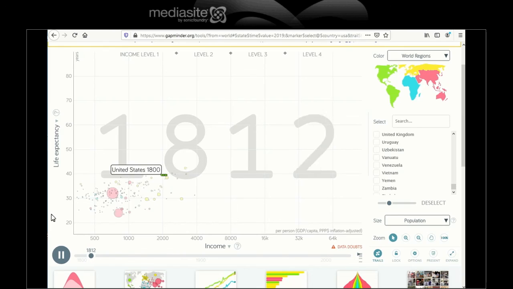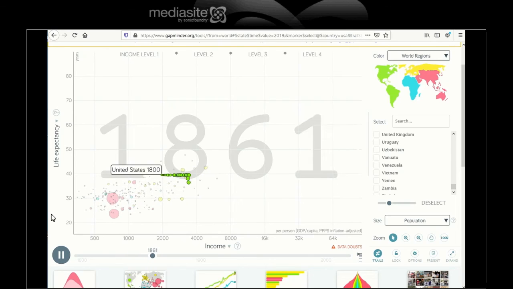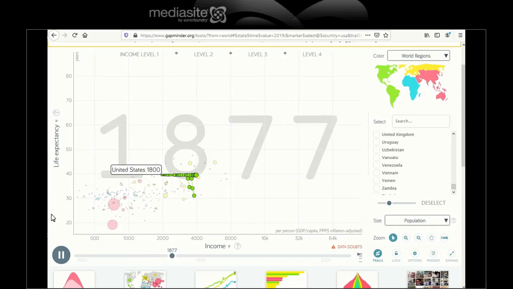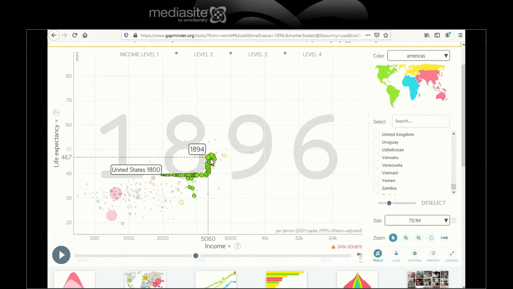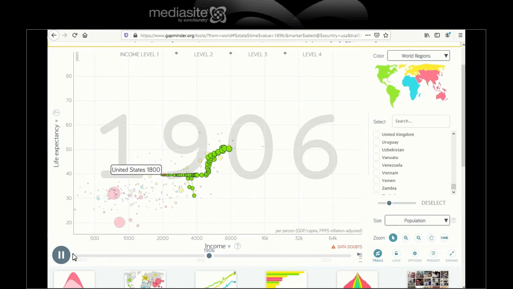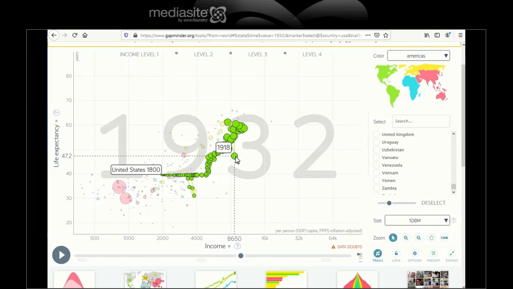From 1800, not getting any age, but we're gaining wealth. Oh, had a big dip there in 1870. Oh, Civil War. That caused a major dip. Westward expansion and Industrial Revolution. 1918, we have a lot.